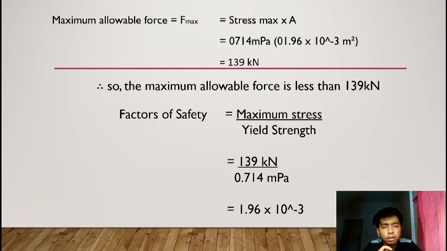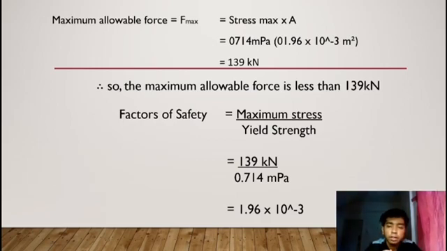To calculate the maximum allowable force, or Fmax, we use the formula maximum stress times area. The maximum stress is 0.714 megapascal and the area is 1.96 millimeter square, and we get 1.139 kilonewton. So the maximum allowable force is less than 139 kilonewton.